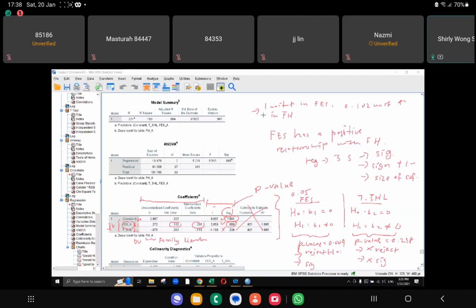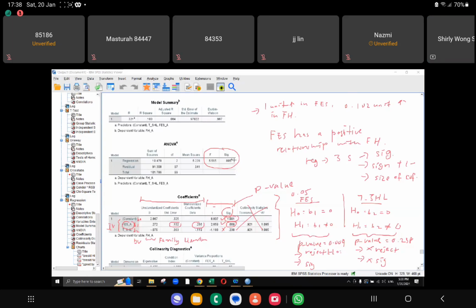Then under this ANOVA table, you need to report this one. This is the overall model significance, because here you got one variable which is not significant, so it's important to report this.